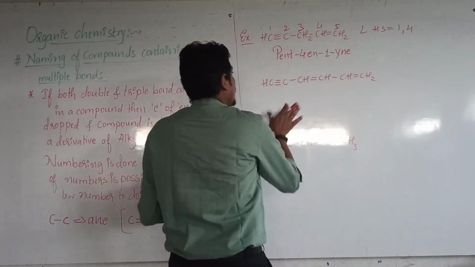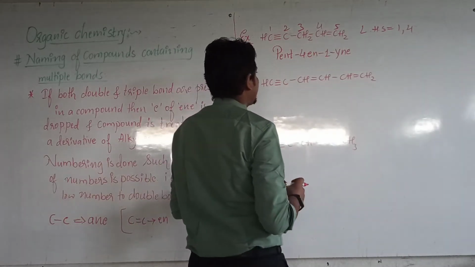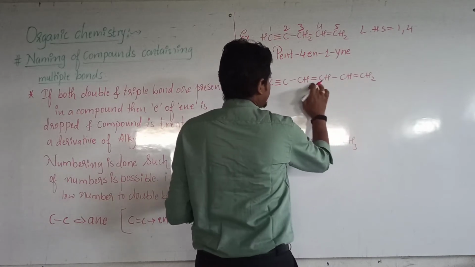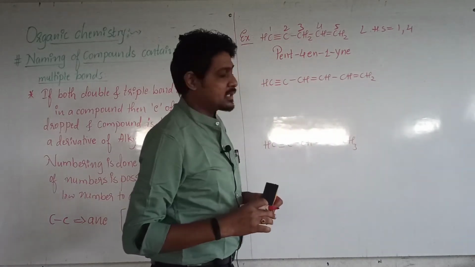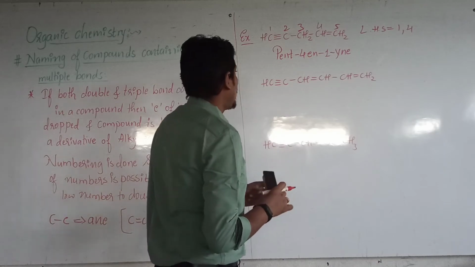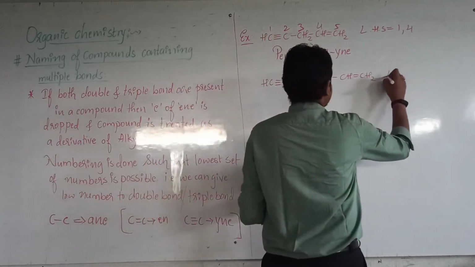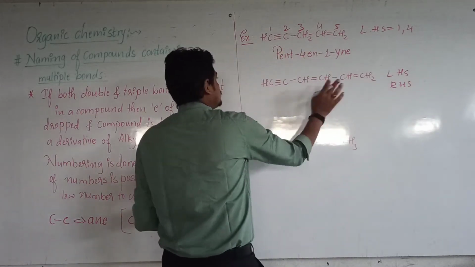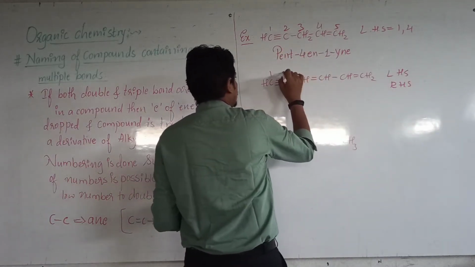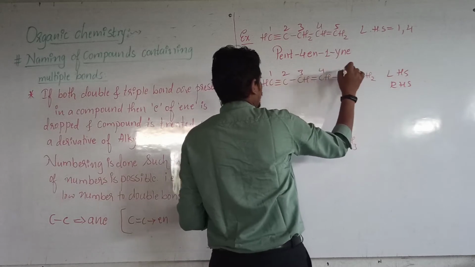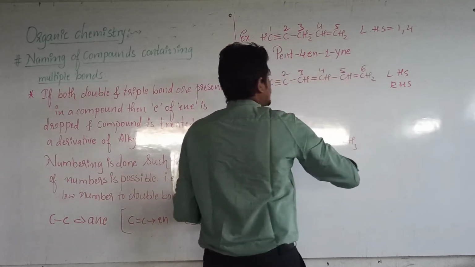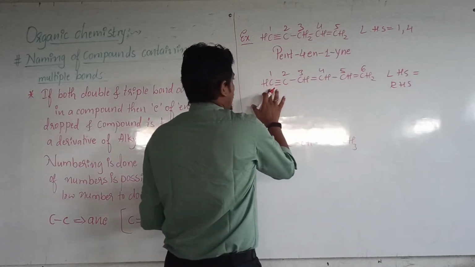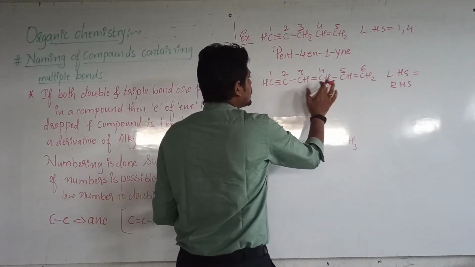Okay, moving on to the second example. See, now if you see, there are 2 double bonds and 1 triple bond. Now again choose from LHS and RHS. If I go from the LHS side, 1 2 3 4 5 and 6, what are the numbers possible? 1, then 3, then 5.